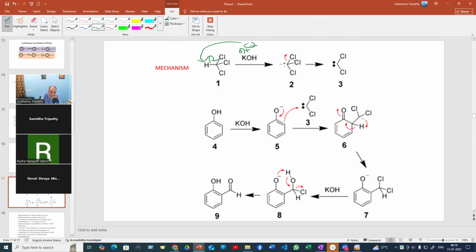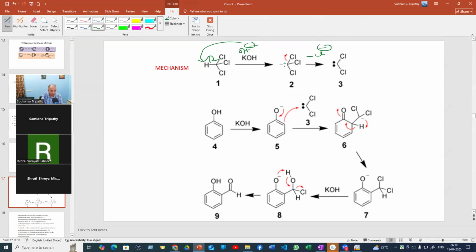And then chloride ion is eliminated to produce a neutral intermediate species called dichlorocarbene. You already know about carbenes, nitrenes, and all that. A singlet carbene, triplet carbene, and what is the hybridization of carbon you have not revised. That's a separate story. So this carbene now is the electrophile.